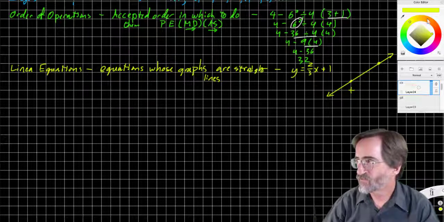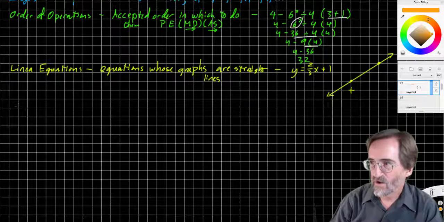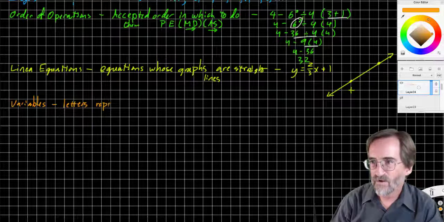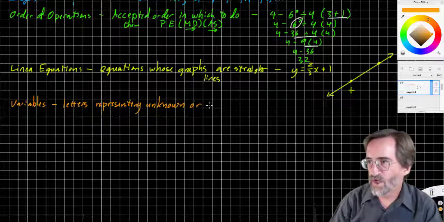Variables. Letters representing unknown or changing amounts.